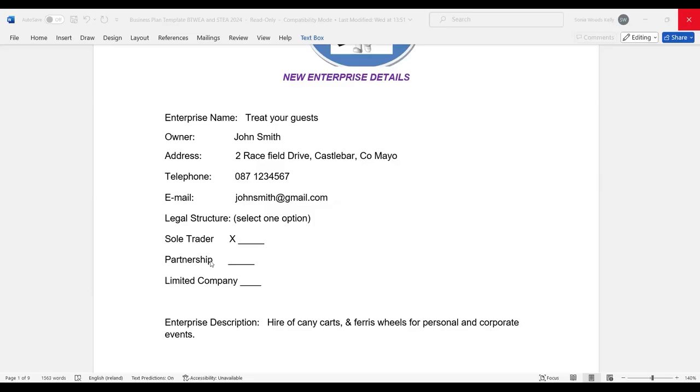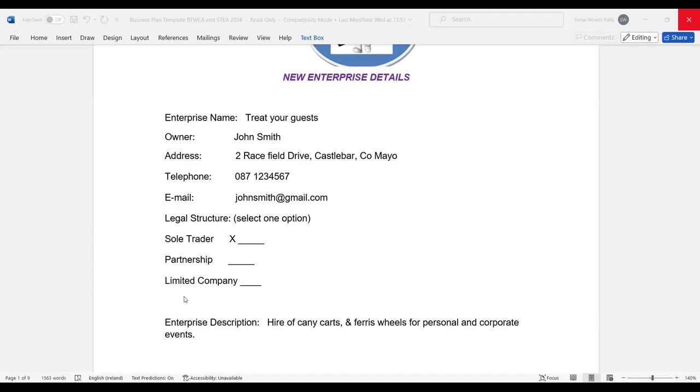If you're undecided of which structure to go for, particularly if you're torn between a sole trader and a limited company, one thing that I can suggest for new businesses is possibly to set up as a sole trader, trade for a 6-month period to a year, and if in that period you decide to convert the business from a sole trader to a limited company, you can do so.